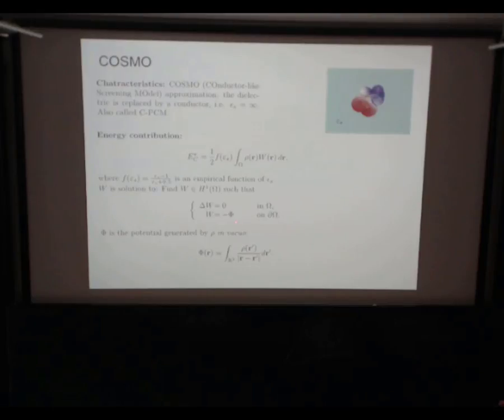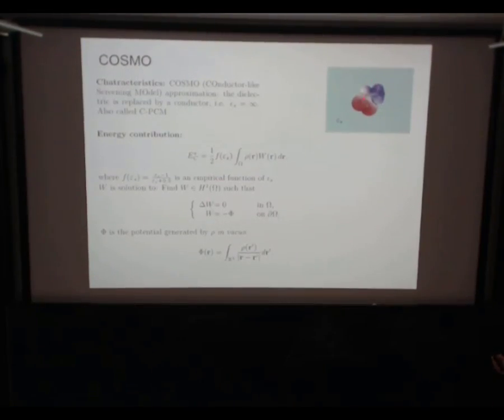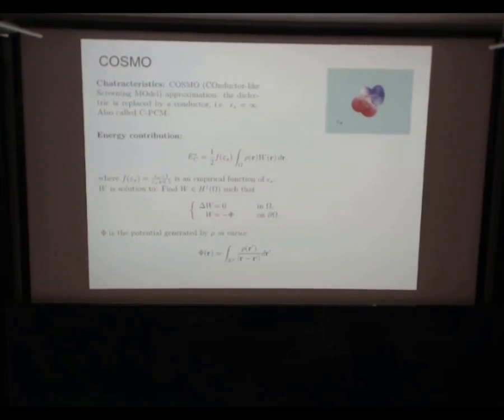You have to solve a PDE, which is actually only a Laplace equation on the inside that matches some given boundary condition. Due to the fact that epsilon s is not equal to infinity, chemists introduced some kind of empirical scaling function that reasonably captures the trend.